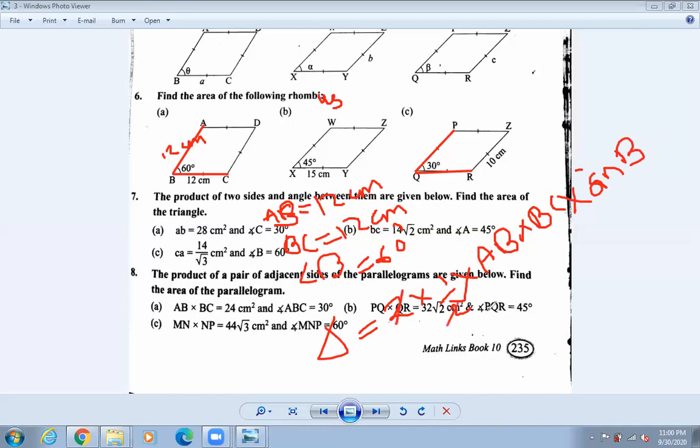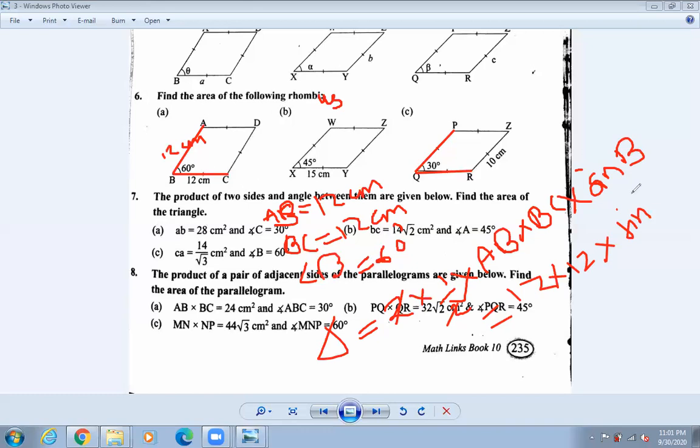So AB is how much? So AB is 12 into BC. BC is how much? BC is also 12 into sine B. What is the value of B?